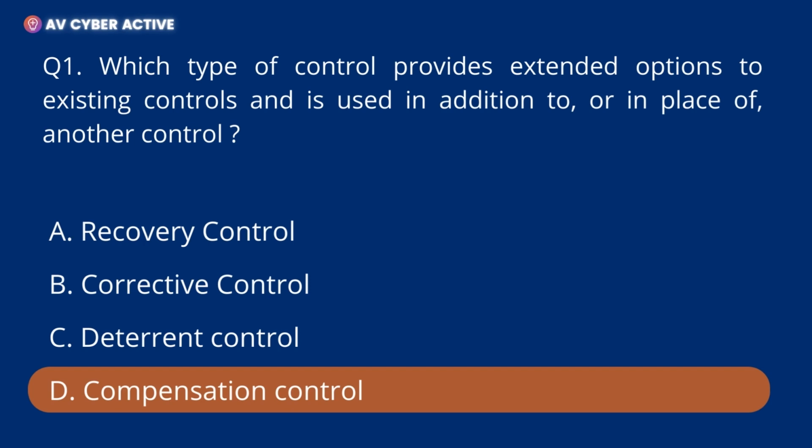If I was to tell you a definition, a compensatory control is something that is deployed to provide various options in place of an existing control that acts as an enforcement to support your security policies. So if your primary control fails, there is already an existing control, which is compensating for the other one.